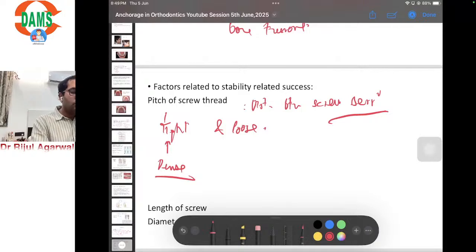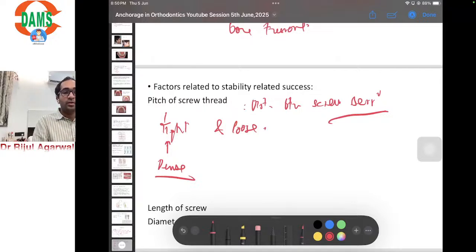Why? Because most of the screw's resistance to being dislodged comes from contact with the cortical bone and relatively little from the medullary bone. So here the pitch should be tight so that the surface area increases. The more threads engage in the cortical bone, the better, to resist the dislodging force on the screw.